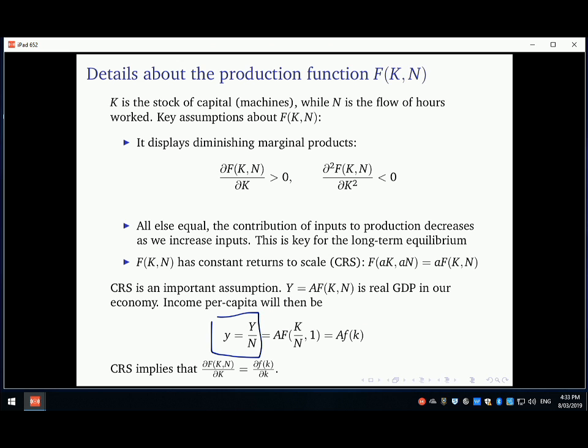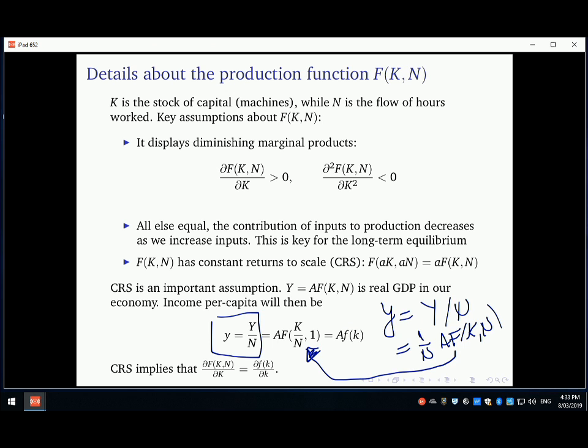Right, so which is this. So little y is just big Y over n. And this is equal to 1 over n times A F of K, n. And that 1 over n outside that function, given that we assume constant returns to scale, can enter that function.